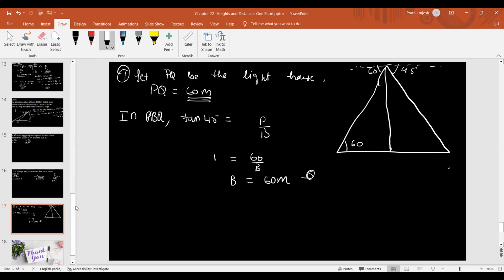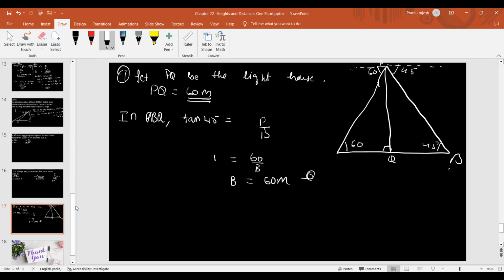These two meet at right angles at Q, with B, P, and A. Yes, with tan 45, we figured out the QB value to be 60 meters, and the lighthouse is 60 meters too. So this will be easier.